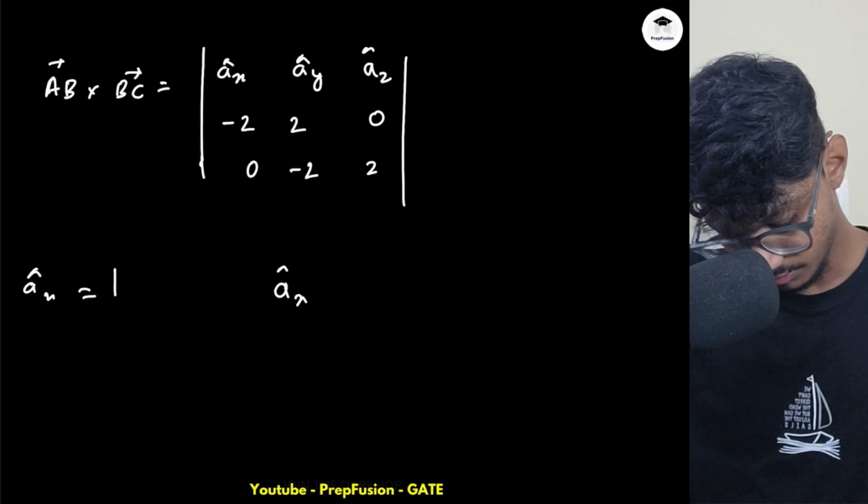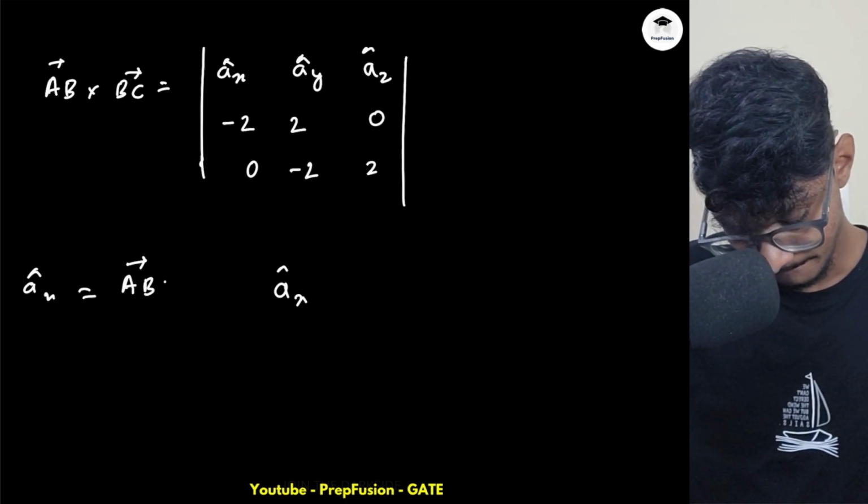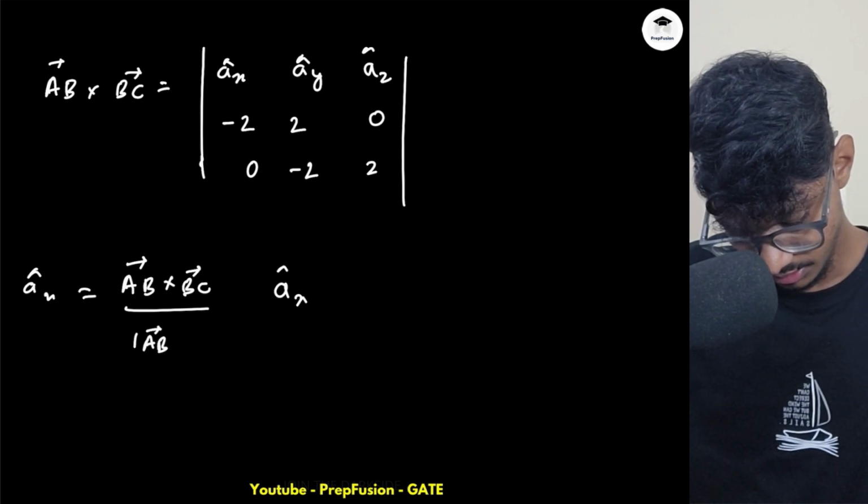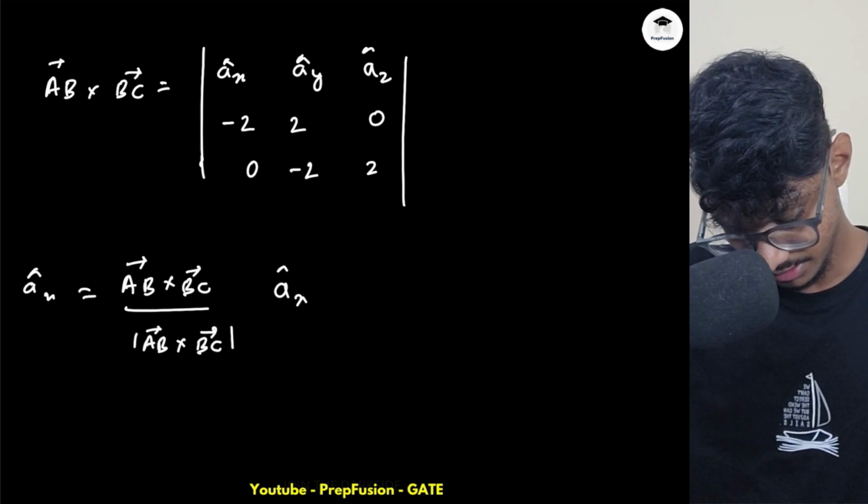It will be equal to AB cross BC divided by the magnitude of AB cross BC.